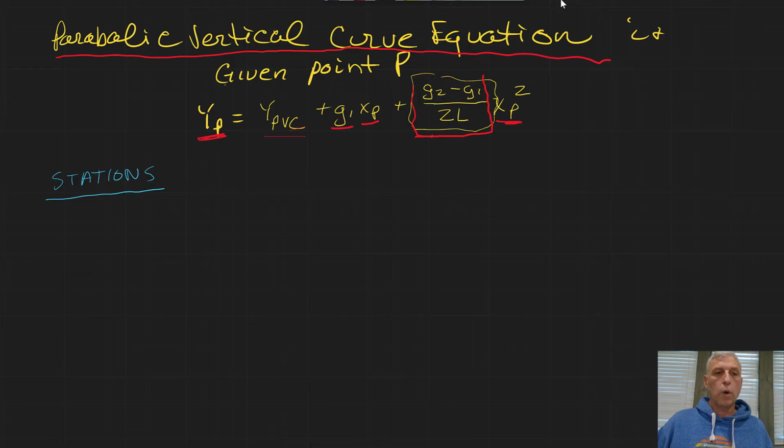So if you're going to work in stations, stations being like 98 plus 27.32, that's a station. If you want to stay working in stations, then you can keep your incoming and outgoing gradients, your G1, G2, in percentage notation.